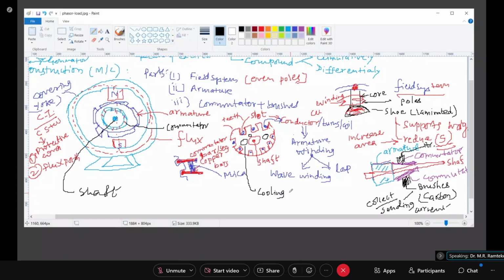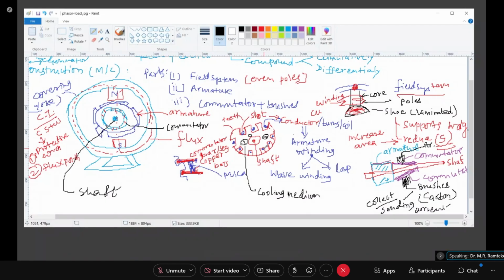So cooling media like water, or hydrogen, or forced air itself will be passed through these holes in the armature core.